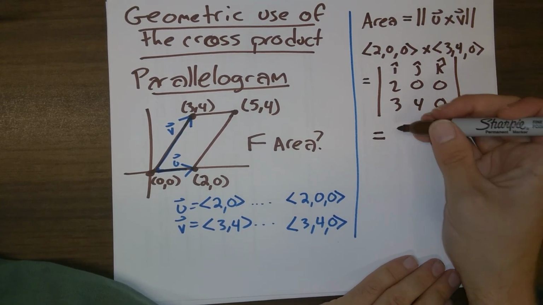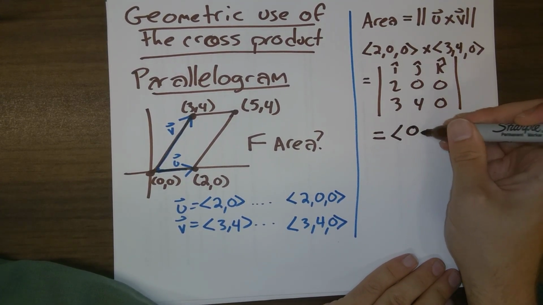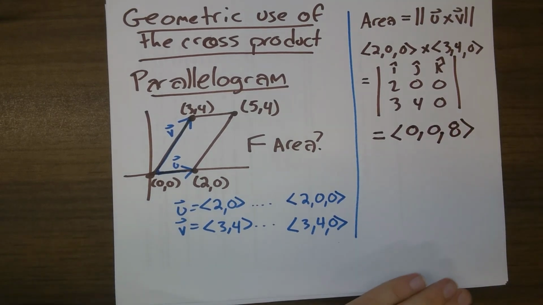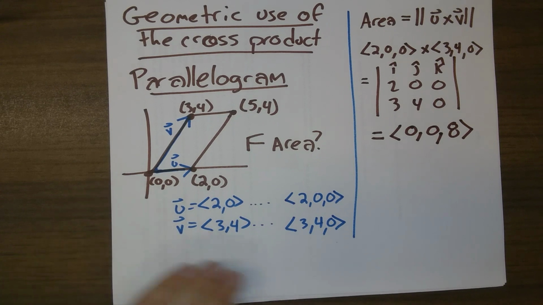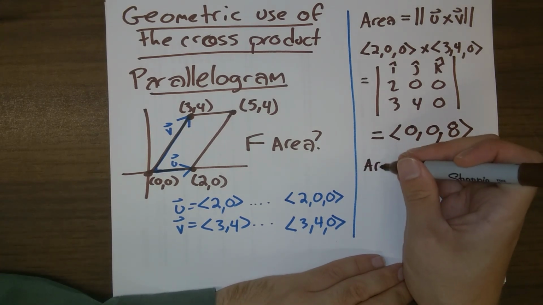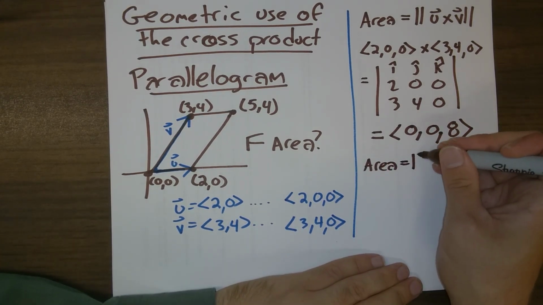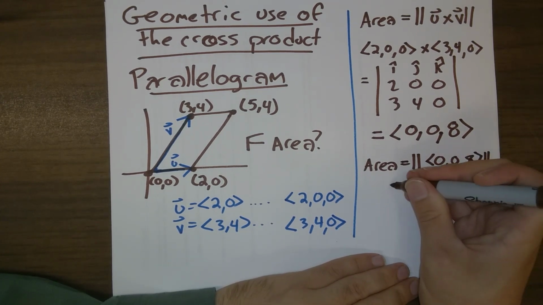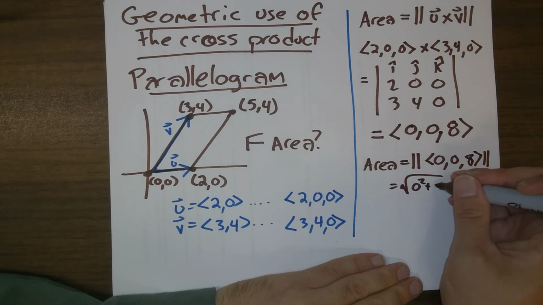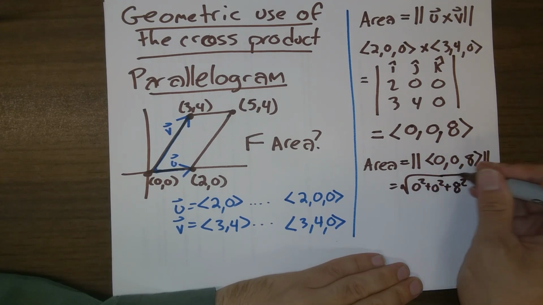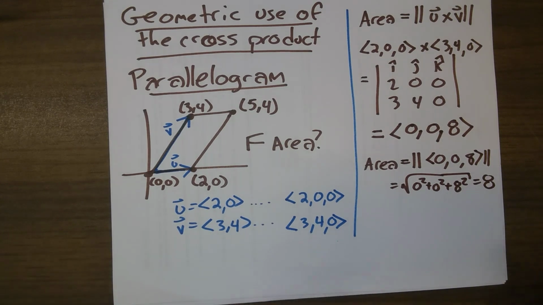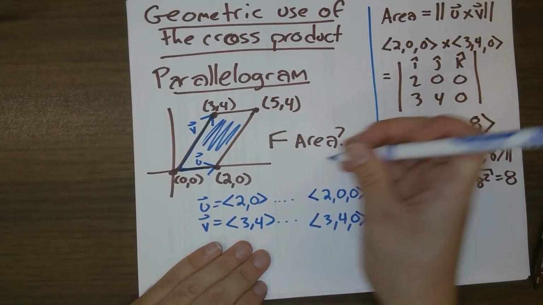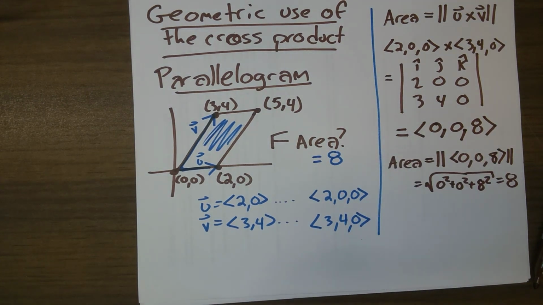I'll skip the steps here, but you'll see that you get 0, 0, and 8. You can check for yourself that that's correct. So the area is equal to the magnitude of this 0, 0, 8 vector, which is the square root of 0 squared plus 0 squared plus 8 squared. So the area is just 8. The area of this parallelogram over here is equal to 8.